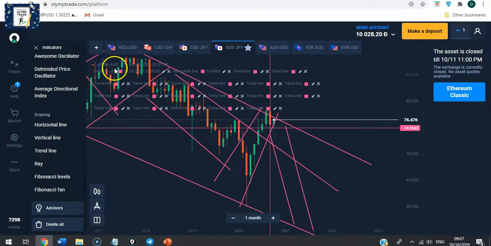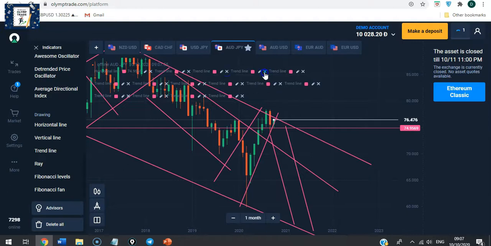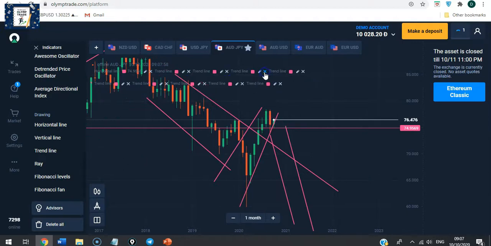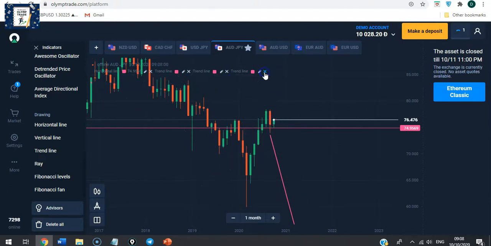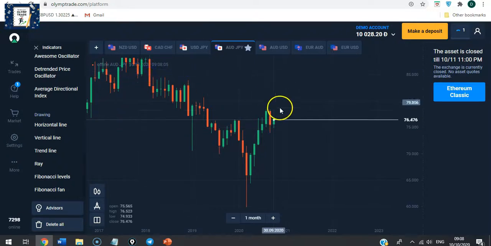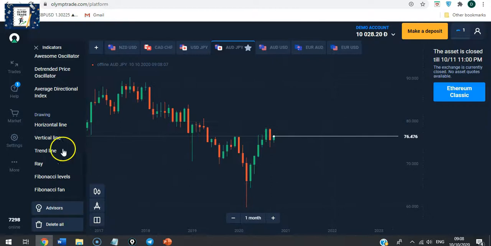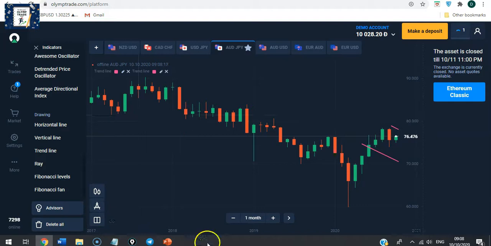So let's just remove these lines for a moment. Just clean up the chart. Let's just get rid of everything. So now that we know that, we're going to wait for a new structure to come into play. I don't know how that's going to look like, but we're going to wait for that.